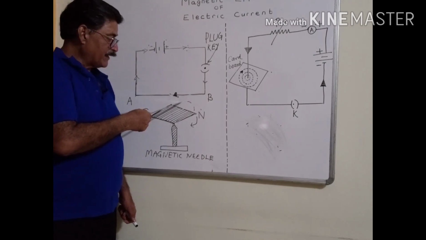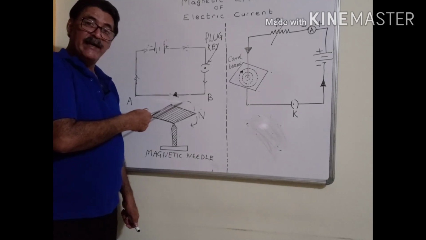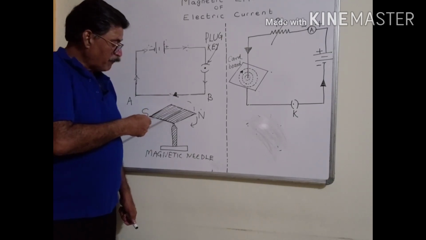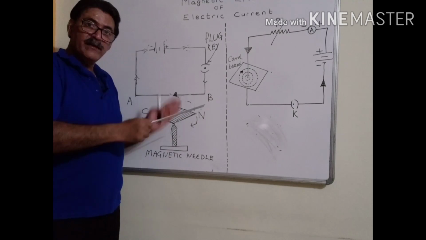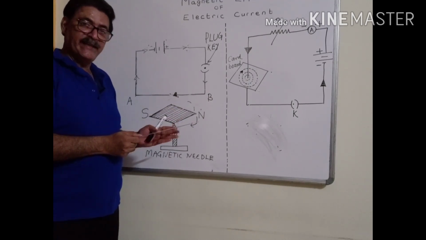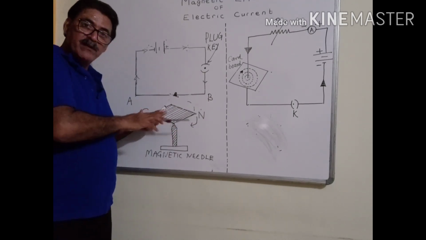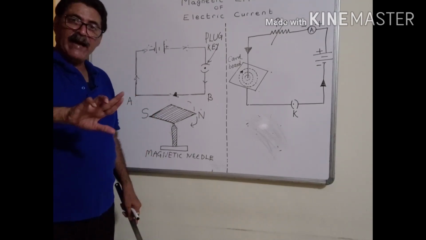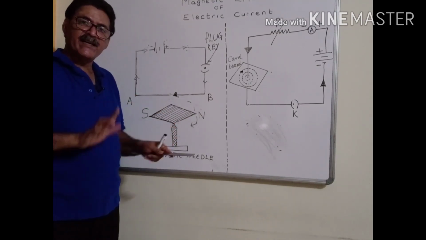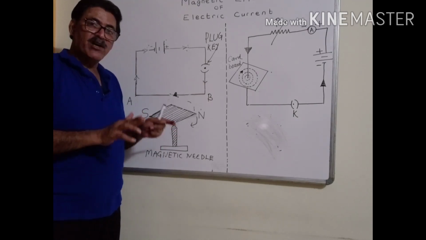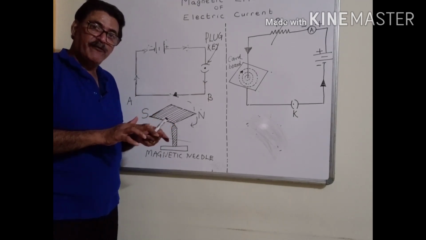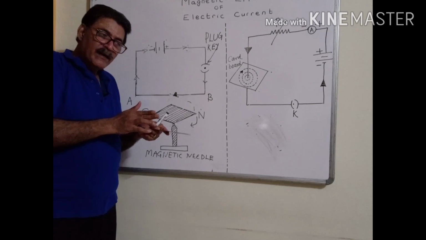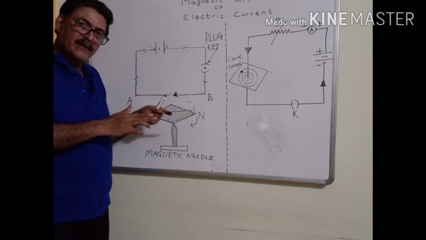Because as the conductor is near, the magnetic field is very, very strong. So this compass needle will show greater deflection or greater change in direction. If this magnetic compass needle is put at a distance from this conductor, the angle by which it changes its direction will be less. That is because the intensity of the magnetic field at a point at a distance from the conductor is less.